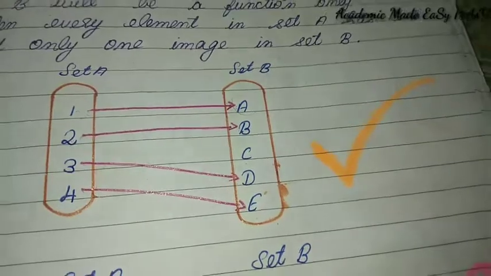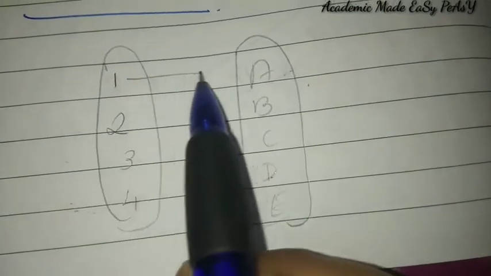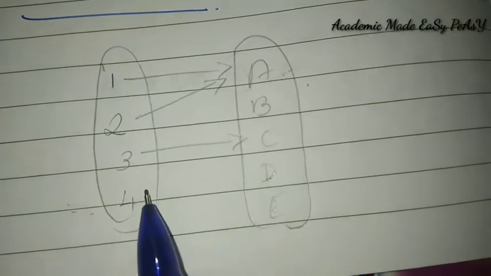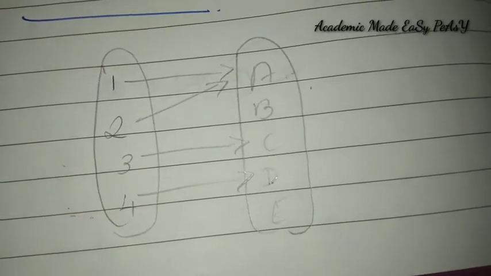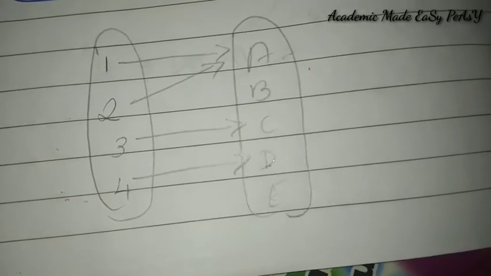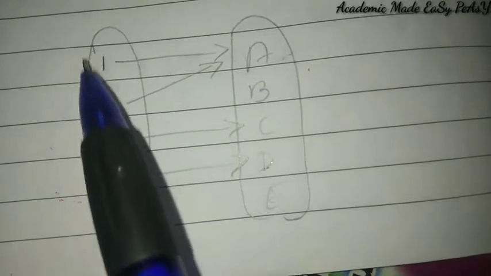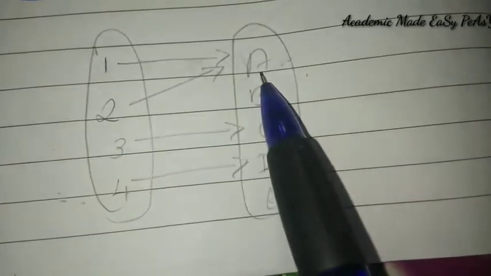And one more type of example, where I take the same sets. If I map 1 to a and 2 also to a, and 3 to c and 4 to d, if I map like this also, it is a function, because just think of that function example: in real life many people may attend one function.